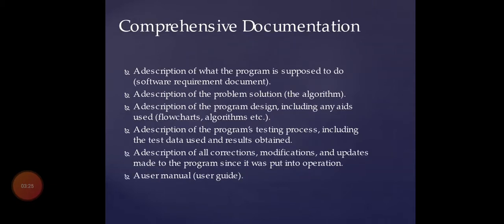These things include a description of what the program is supposed to do, means which software you are going to use, a description of the algorithms, the flowcharts, and descriptions of the program testing process, including the test data used and results obtained, and obviously a description of all the corrections, modifications and updates, and last but not the least, the user guide. We also call it the user manual.